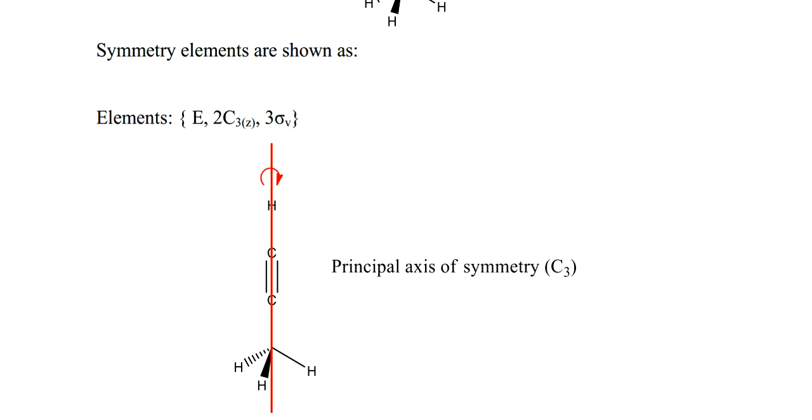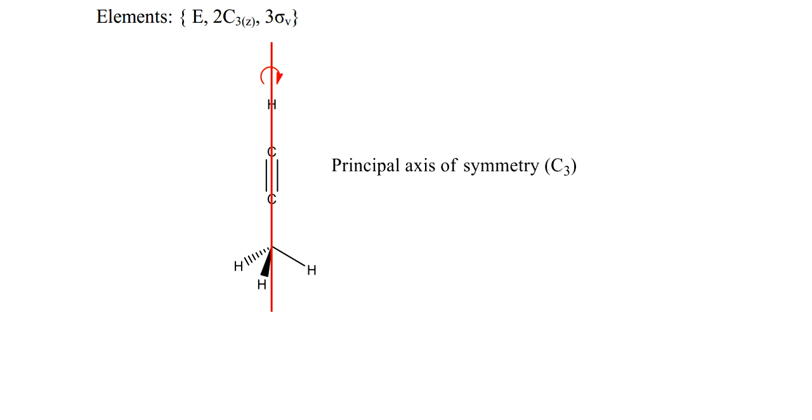There is identity, 2C3 and 3 sigma V, right? We know that a Cn axis can be operated n minus 1 times. So the C3 axis will give C3^1 and C3^2, right? You can see here the C3 axis is passing through the origin of the molecule.